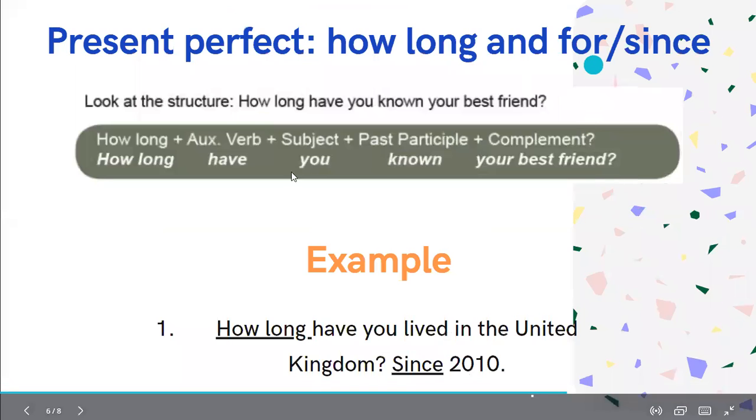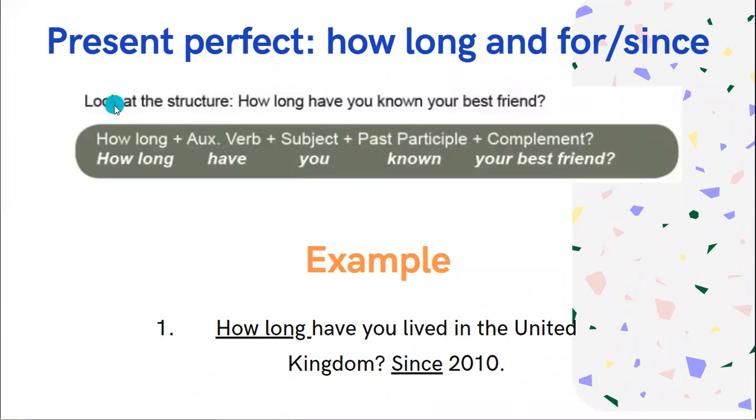Also, we can have sentences that include how long and for or since as an answer. So the only thing that changes here, we're going to take the interrogative form and we're going to add first how long, okay? So you have: how long have you known your best friend?